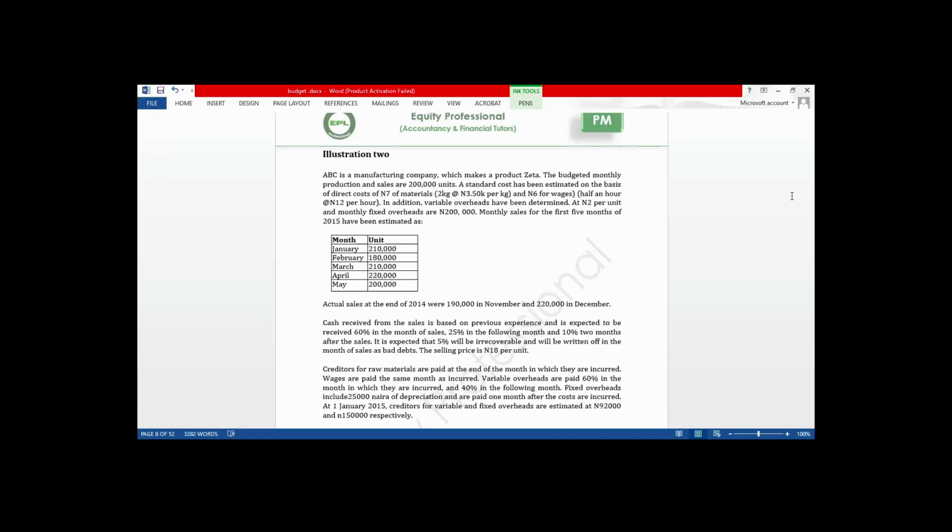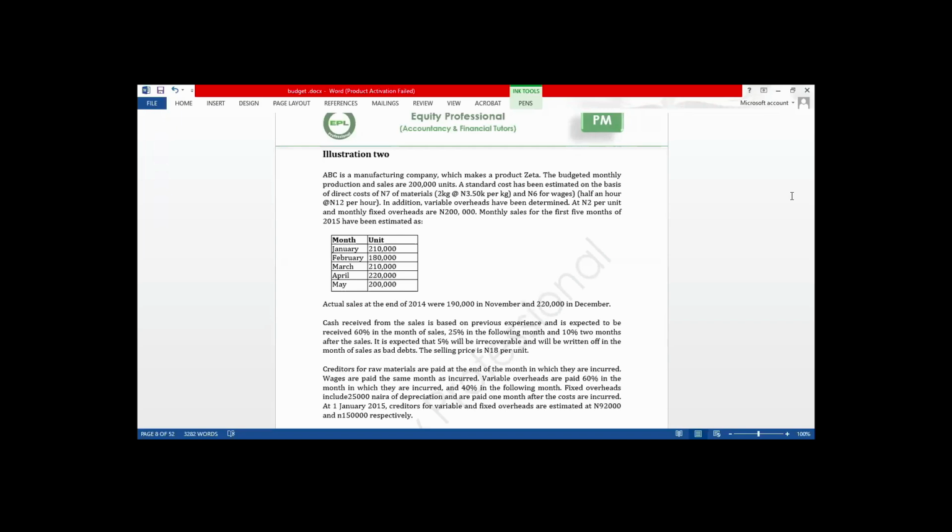The budgeted sales for January 2015 is 210, for February 180, for March 210, for April 220, and for May 200. Actual sales at the end of 2014 were 190 in November and 220 in December. Okay. Next paragraph.